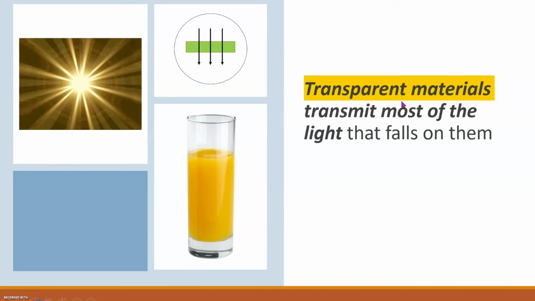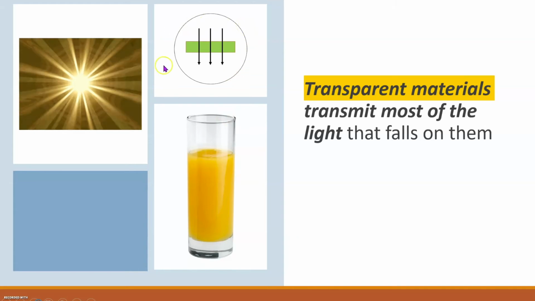Transparent materials. Transparent materials. Very good. So transparent materials transmit most of the light that falls on them. So the light, it transmits most of the light through this material.